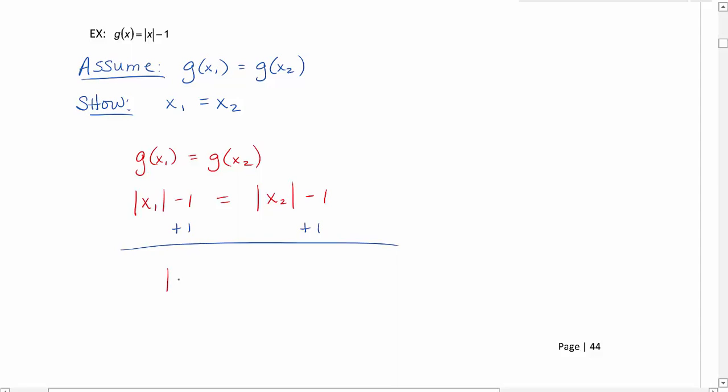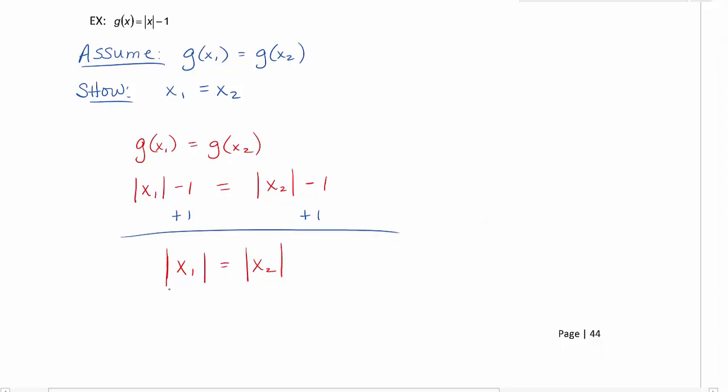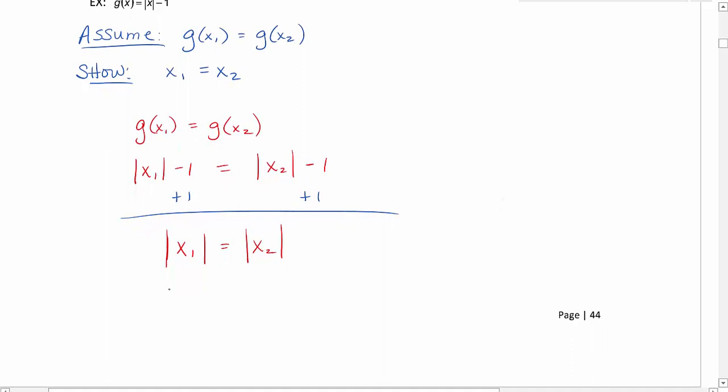That gives us the absolute value of x1 equals the absolute value of x2. And now we're going to have to apply our property of absolute value equality. If two absolute values are equal to each other, then their insides are either exactly the same or one is the opposite of the other. So x1 equals x2, or x1 would be equal to negative x2.